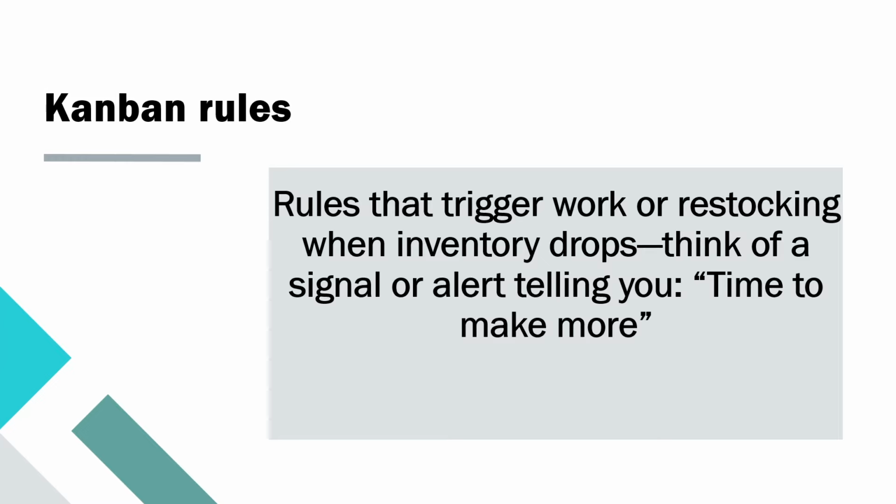It sets the conditions for how Kanban works, such as which item it is applied to, which process is used, and where it should go. In Dynamics 365, these rules help automate lean manufacturing by connecting demand to specific production or transfer actions.